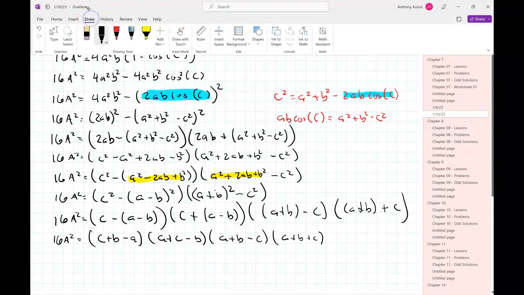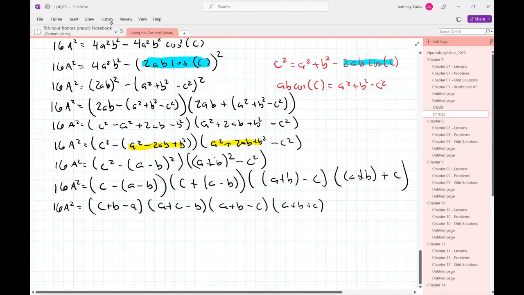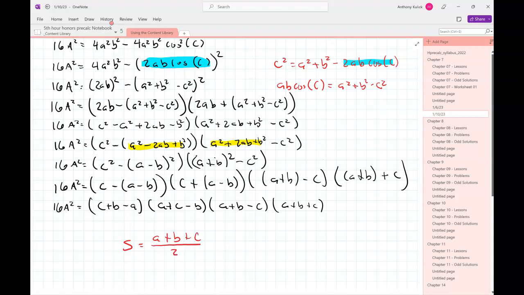Now I'm going to define a new variable. I'm going to define s as a plus b plus c over 2. We call this the semi-perimeter.